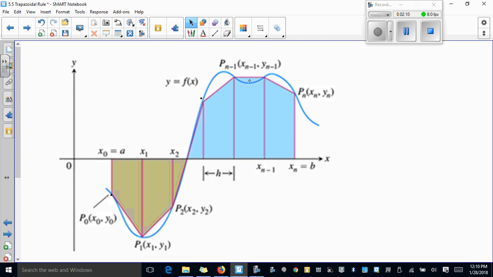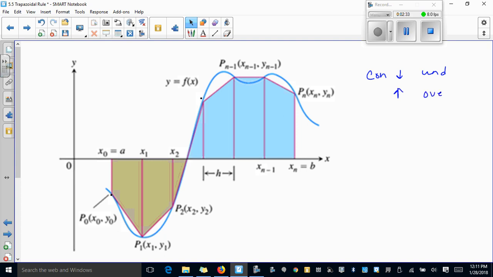You can also see when you have concave down, you're going to get more of an underestimation, where concave up will be more likely an overestimation.